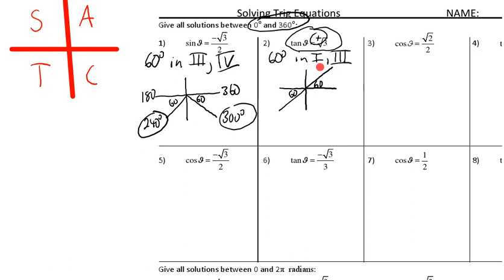Because think about it, this is 0. I've moved up 60 degrees. So 60 degrees is one solution. And what's my third quadrant answer? 240. 240 degrees. Good. So 240 degrees and 60 degrees. Those are my solutions.